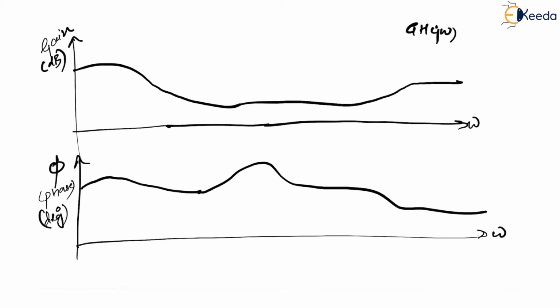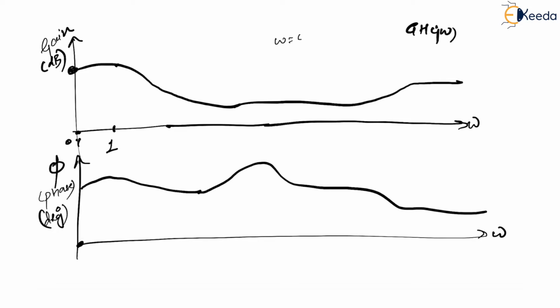Now, this particular thing which I have shown is called the exact Bode plot, because what have you done? You have put frequency omega equal to 0.1 and tried to find the magnitude as well as the phase. Afterwards you put omega equal to 1 and check what is there. You have done this up to infinity.